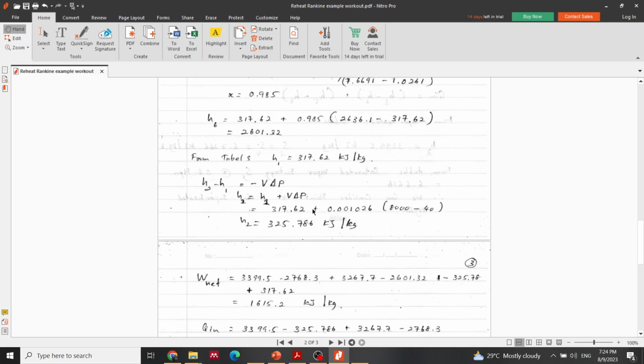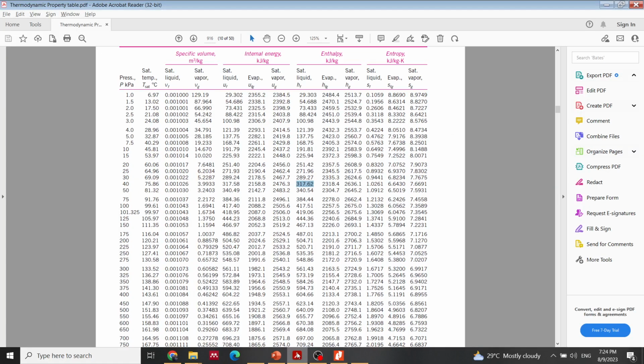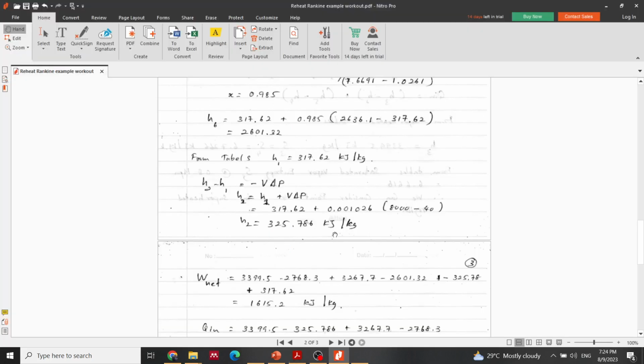These values are given in kilojoules per kilogram, so we have to calculate this in kilojoules as well. The V value from the table, the saturated liquid V at 40, is 0.001026.